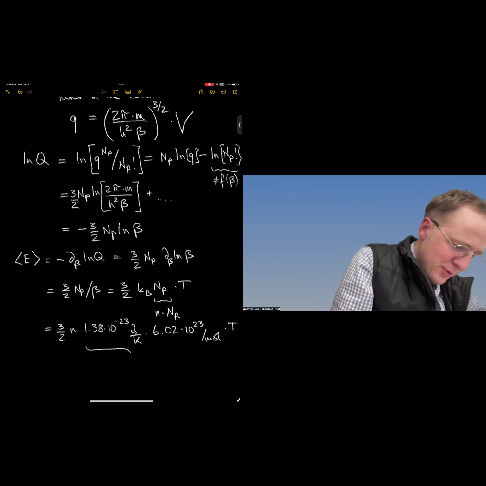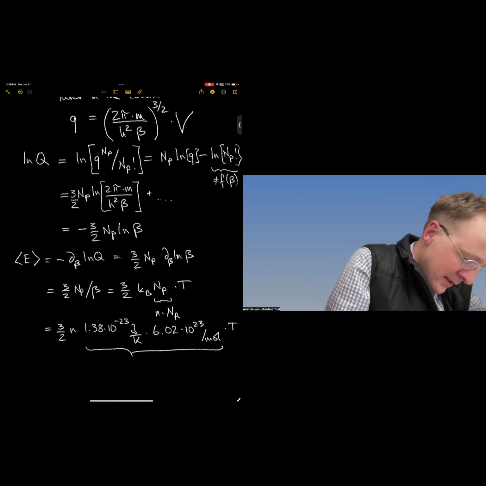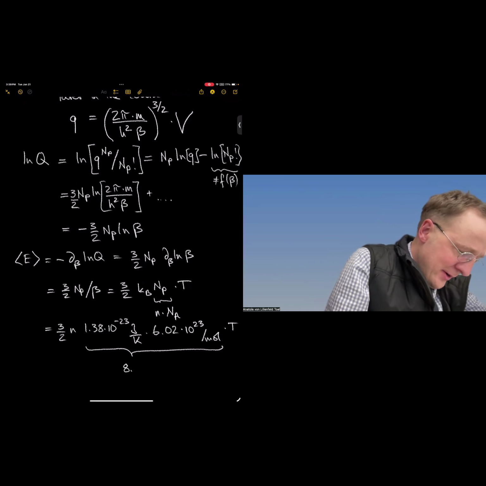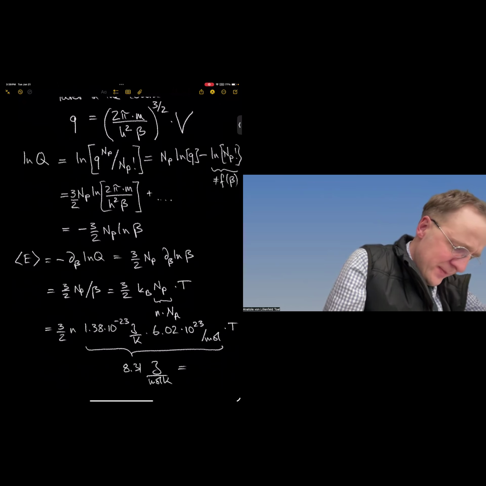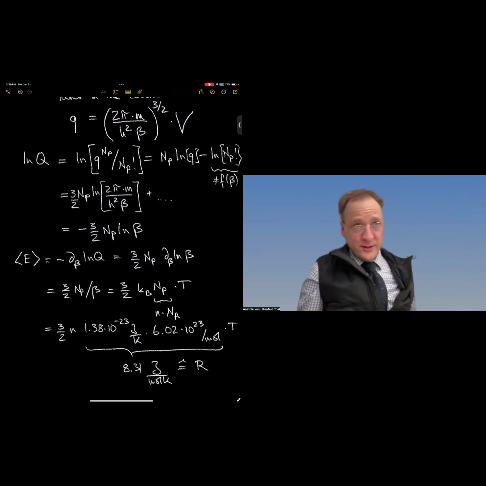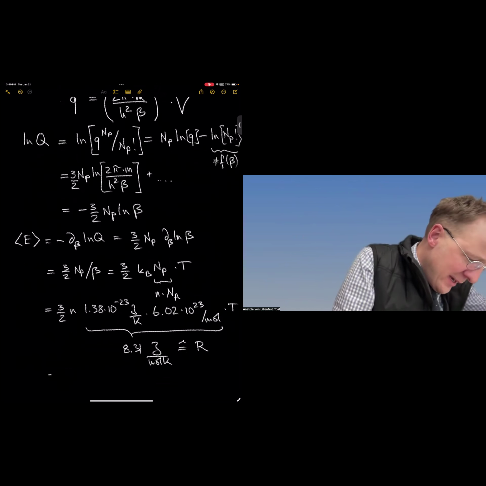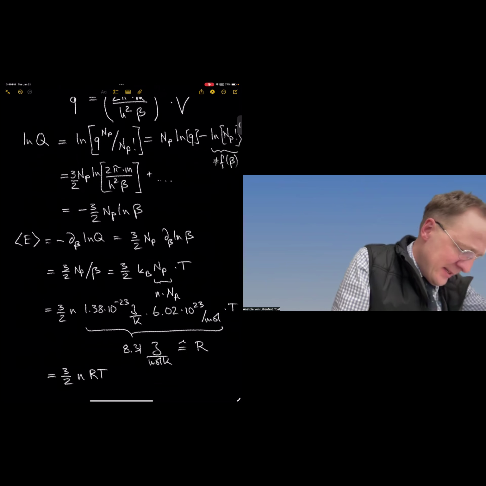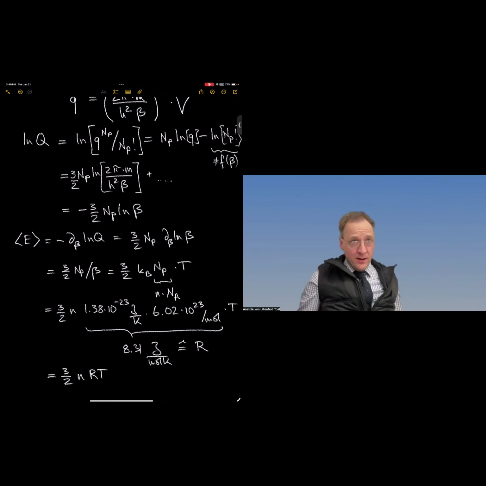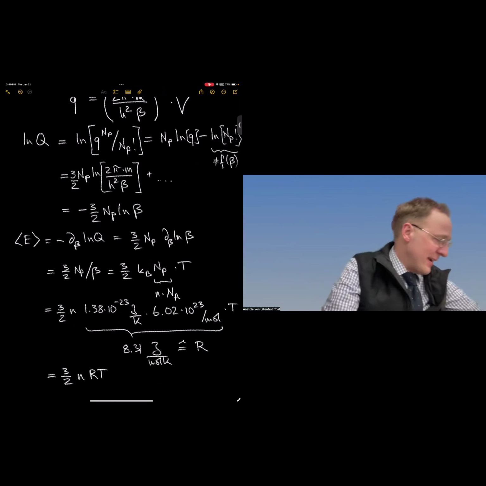Now, if you look at this product, you get 8.31 joules per mole and Kelvin, which is also known as the gas constant R. So what do we have? 3/2 nRT is our averaged energy.